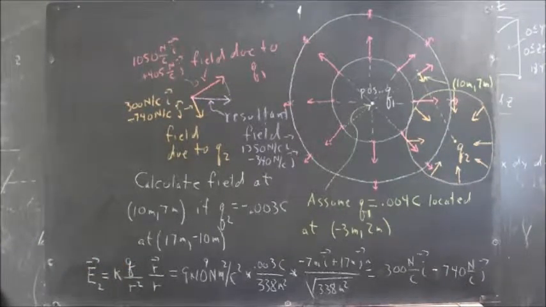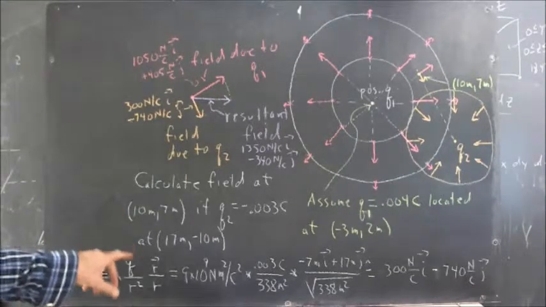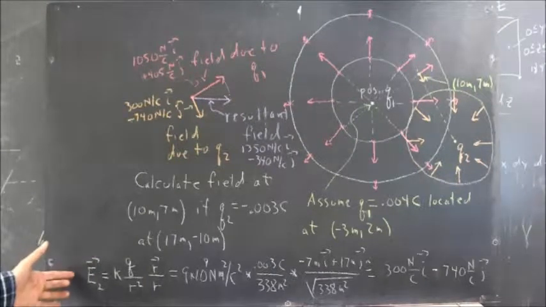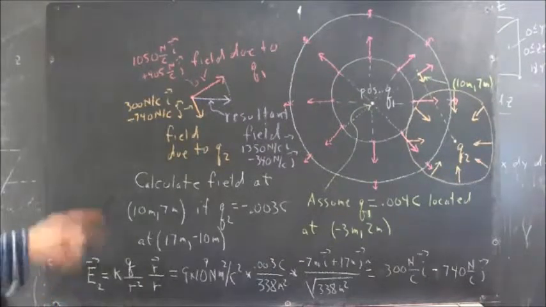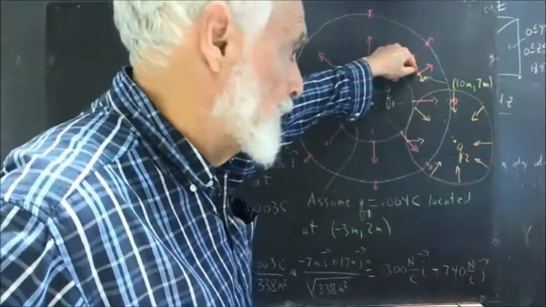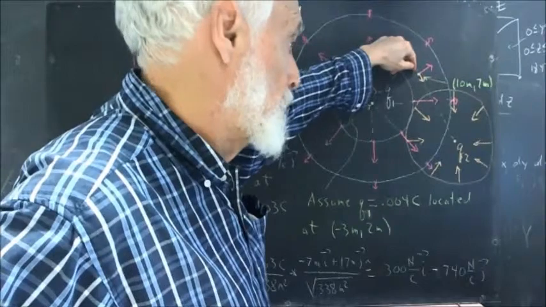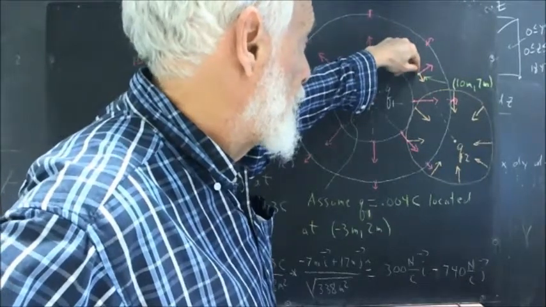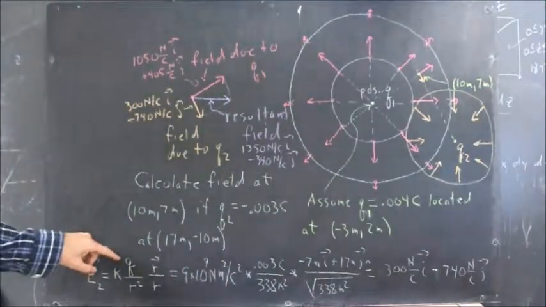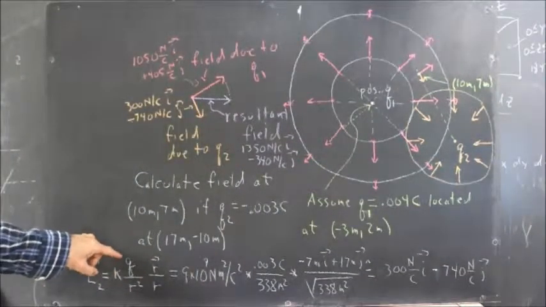Now, remember when we do the force, we do K times Q1 times Q2, etc. When we got the electric field, we divided out that second charge. Okay, well, the second charge isn't Q2 here. Here's the second charge. This is the point at which we're calculating the field. We divide it out by this charge, leaving us only this charge that I've called Q2 here. That's going to be the charge here, the 0.003 coulombs.